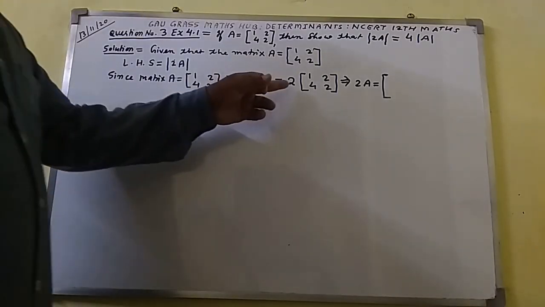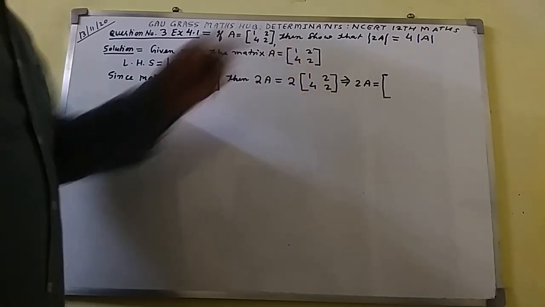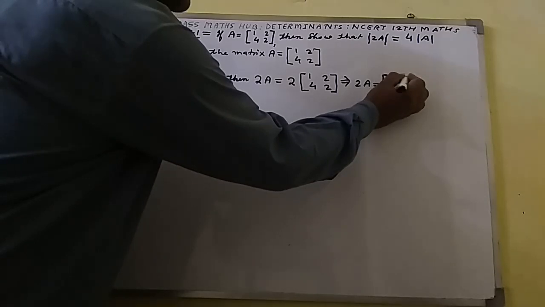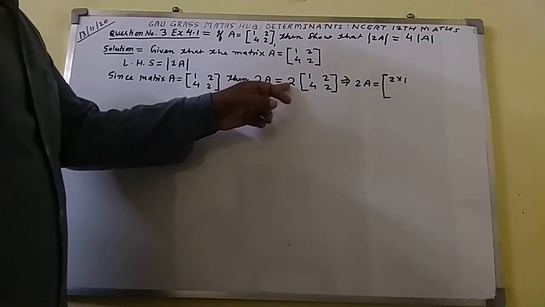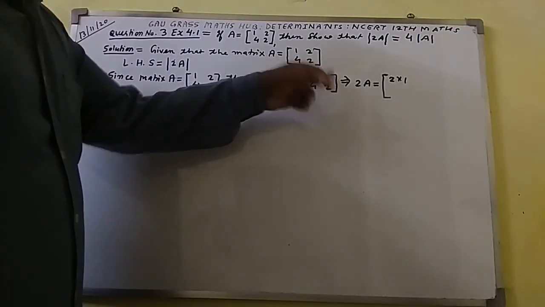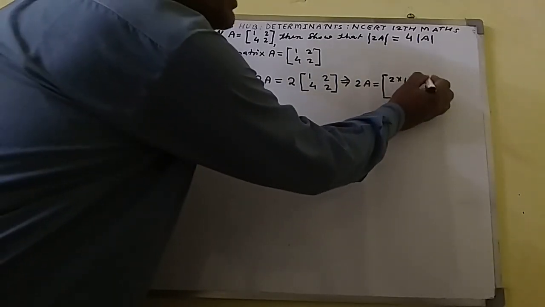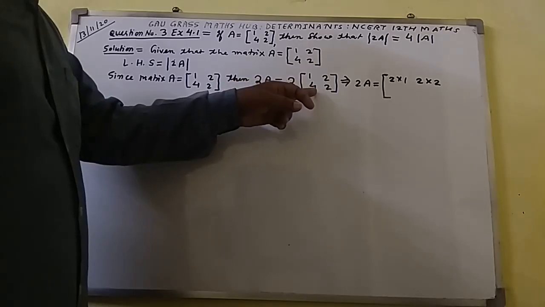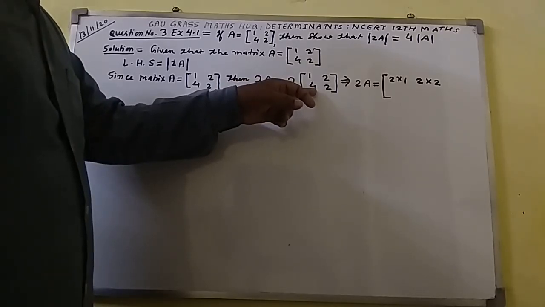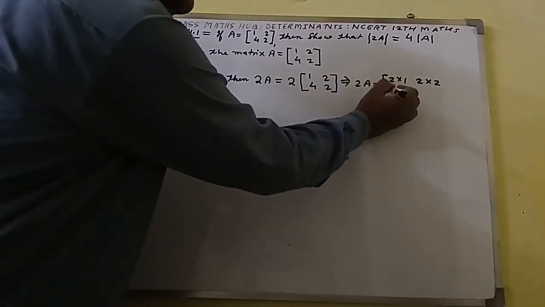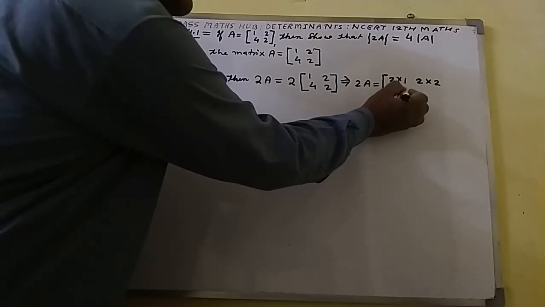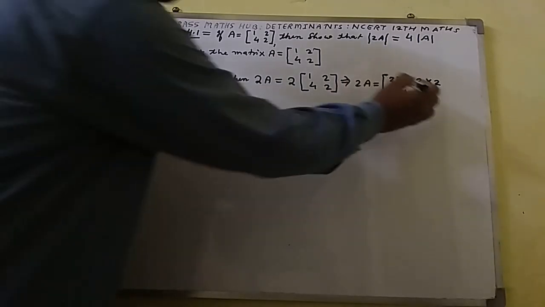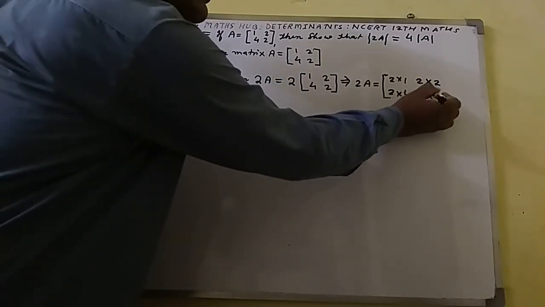So 2 will multiply to 1, and 2 will multiply to 2. Then 2 is multiplied to 4, and 2 is multiplied to 2.